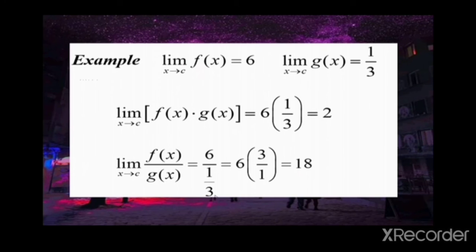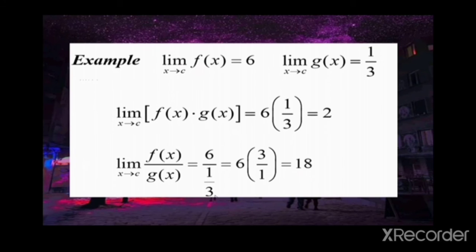So we have 6 times the reciprocal of 1/3, which is 3 over 1. 6 times 3 is 18, divided by 1 is 18. Therefore, the limit of f of x over g of x as x approaches c is equal to 18.